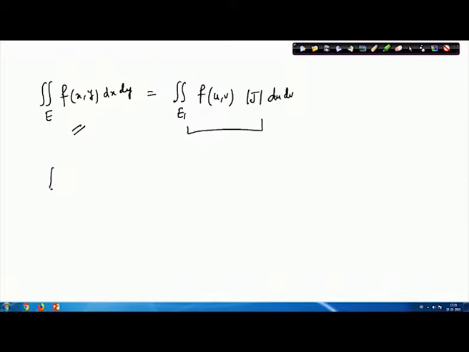So suppose we have a range of, let's say, x running from a to b, and then y running from some function of x to some function of x, f(x,y) dx dy.